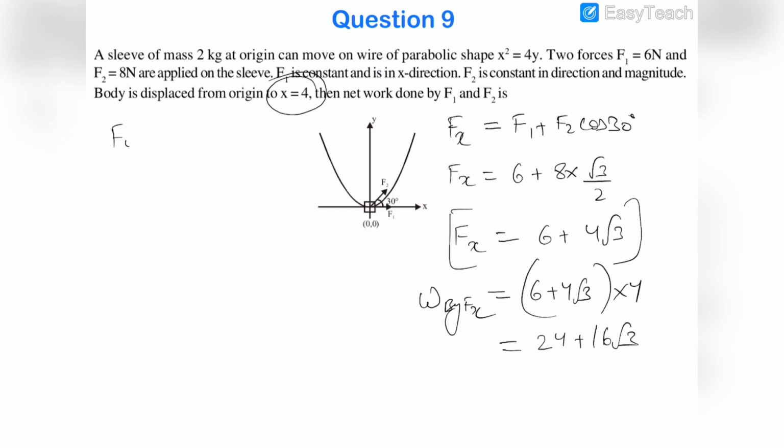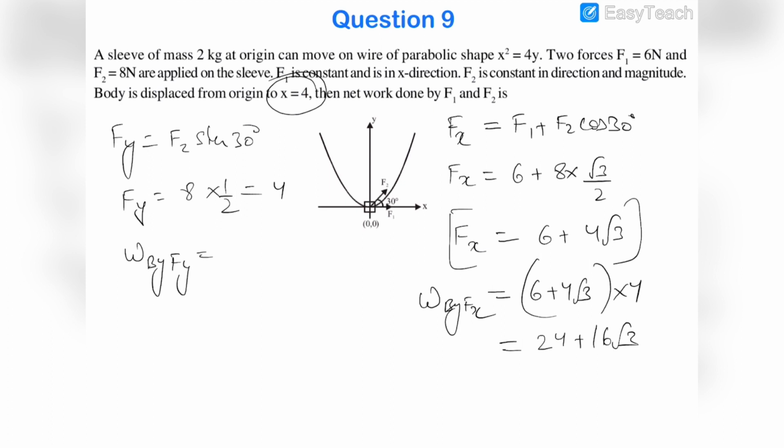Now Fy will be equal to F2 sin 30, and we know that F2 is equal to 8 Newton, so this is 8 into 1 by 2, so this is 4. So work done by Fy will be equal to 4 into displacement.